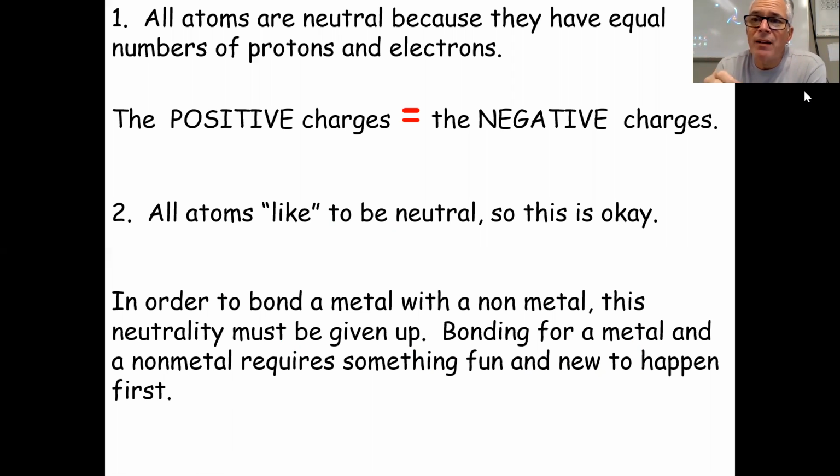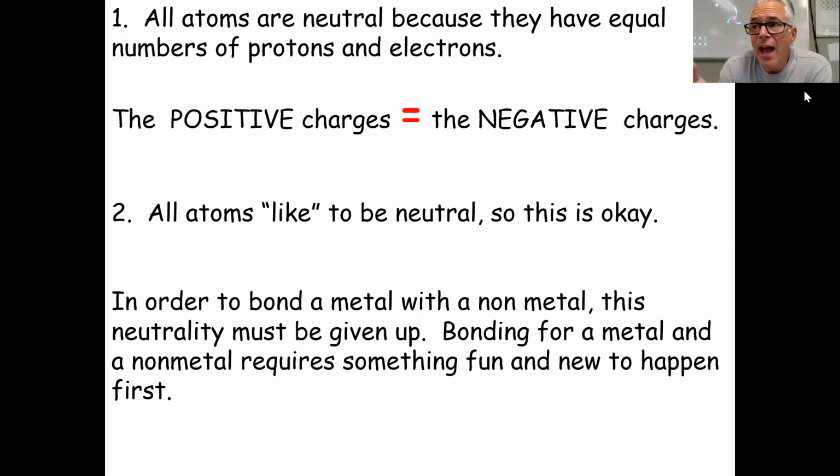In order for a metal to make a bond with a nonmetal, it has to turn itself from an atom. It has to give up its neutrality. It's got to become an ion. Since the electrons are negative, if you get rid of some, you become positive, or if you gain some electrons, you become more negative.